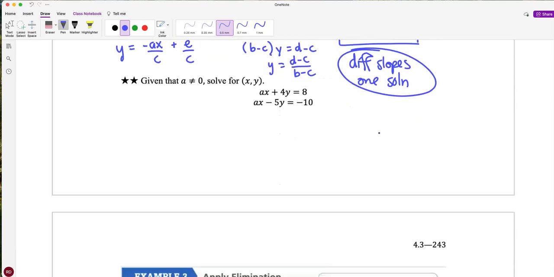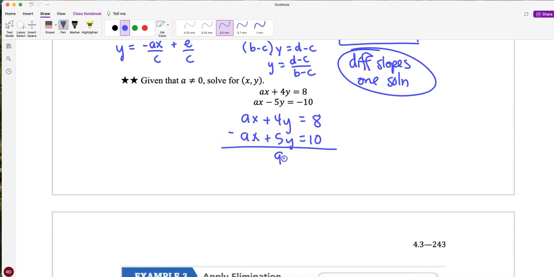Given that a is not 0, solve for x and y. So I can take ax plus 4y equals 8. Multiply the next equation by negative 1: negative ax plus 5y equals 10. When you add these, you get 9y equals 18. Therefore, y is equal to 2.